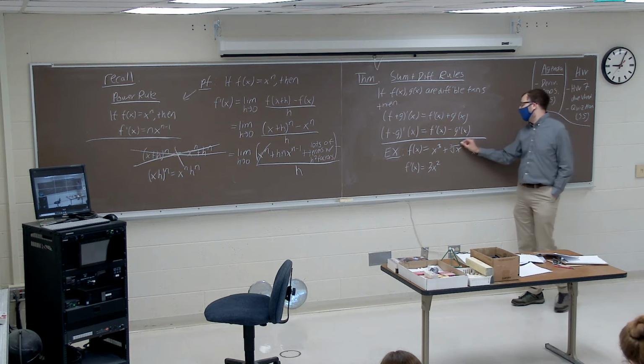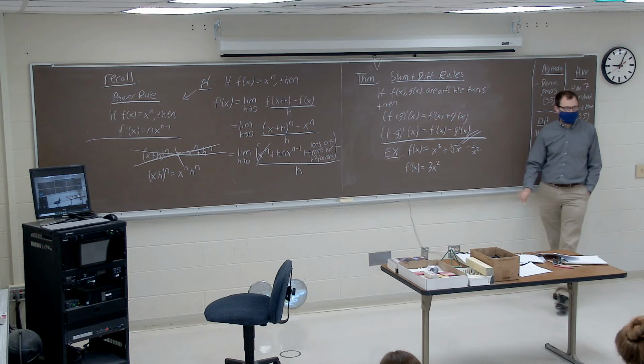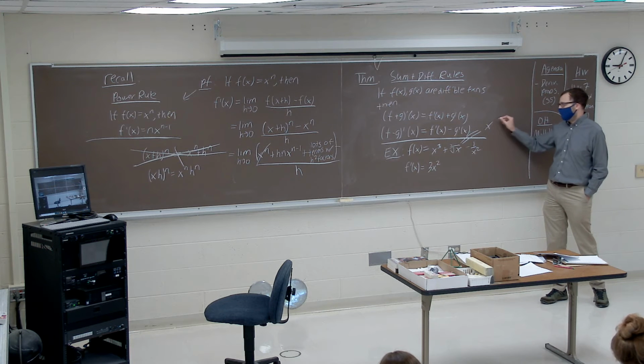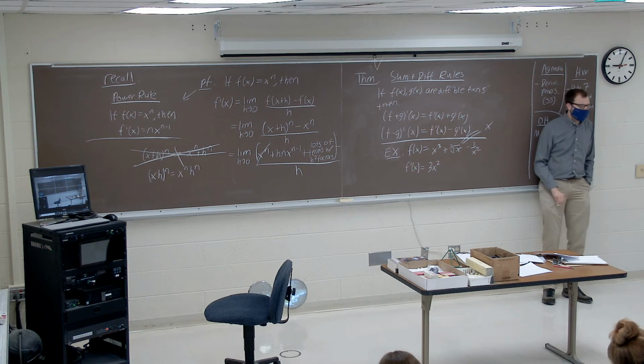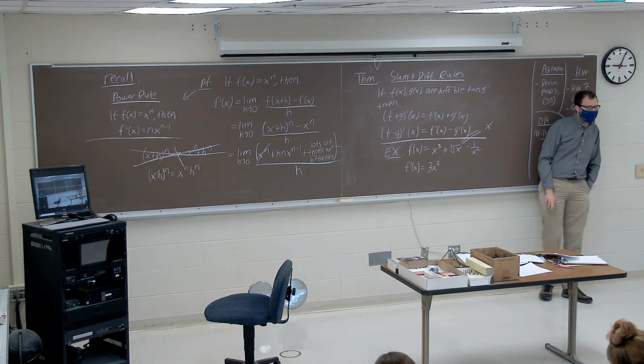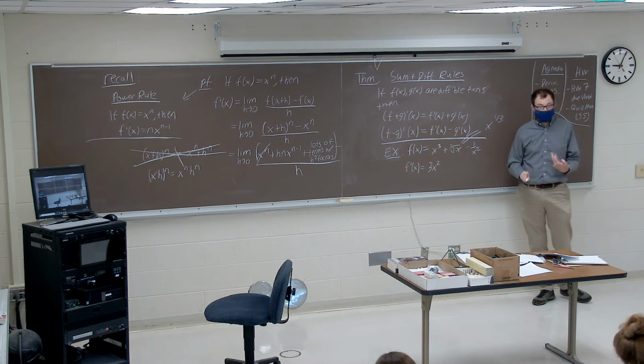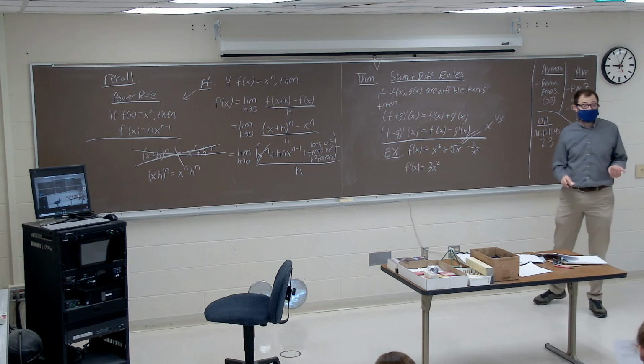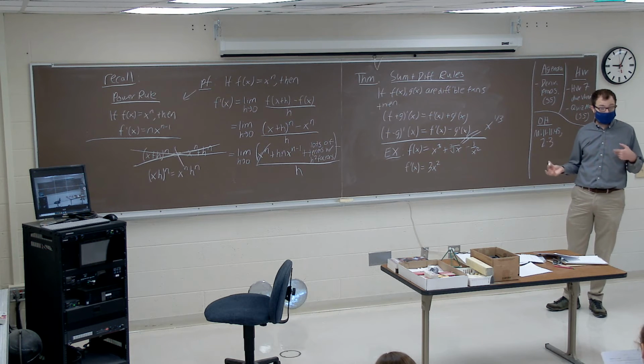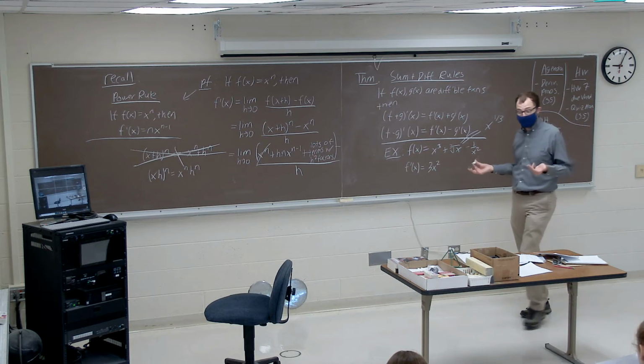Maybe first of all, it might be helpful to rewrite cube root of x as x to some power. How can we rewrite cube root of x as x to a power? Right, x to the 1/3. Yeah, we can rewrite cube root as x to the 1/3, similarly to how last class we were rewriting square root of x as x to the 1/2 power.